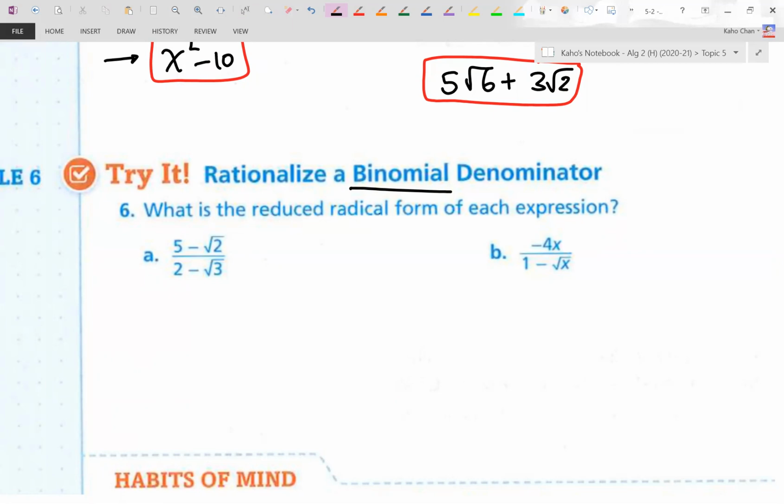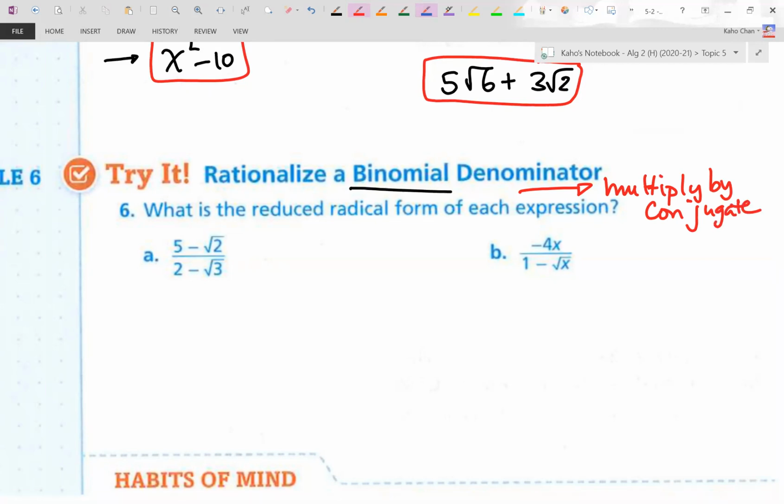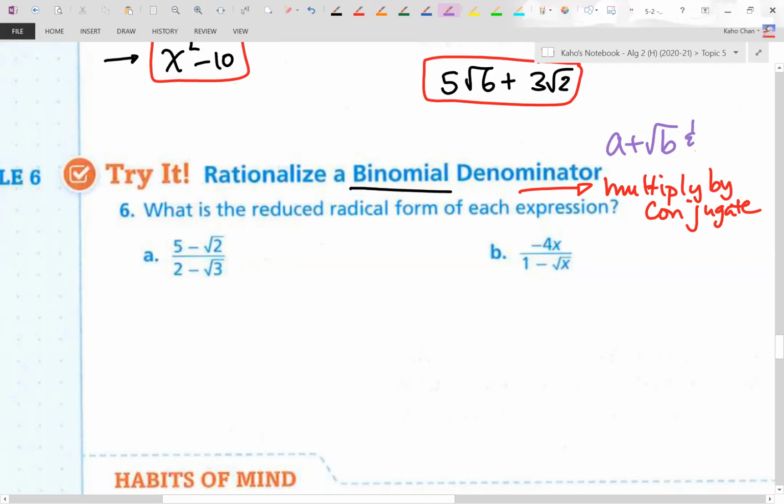When that happens, how do we rationalize it? We multiply by the conjugate. The conjugate of a plus root b is a minus root b, okay? Those are conjugates. That's what we need to multiply by.